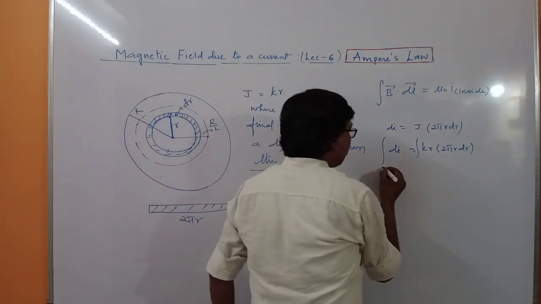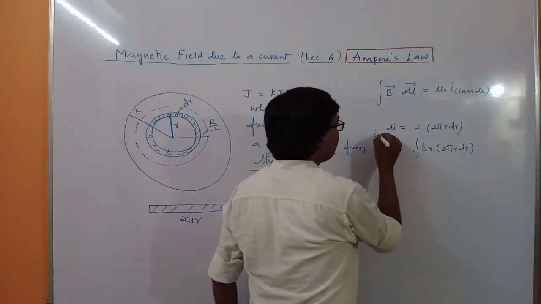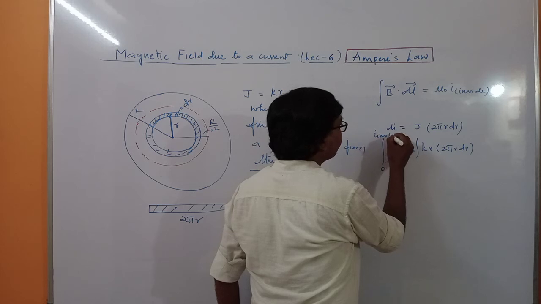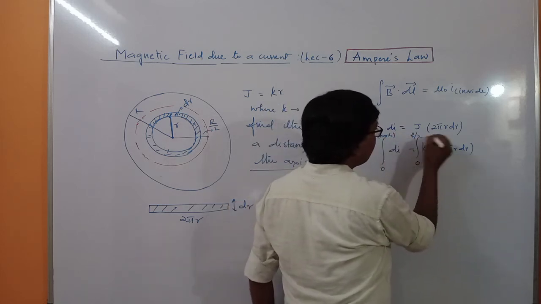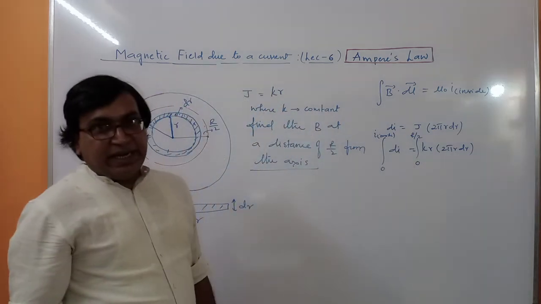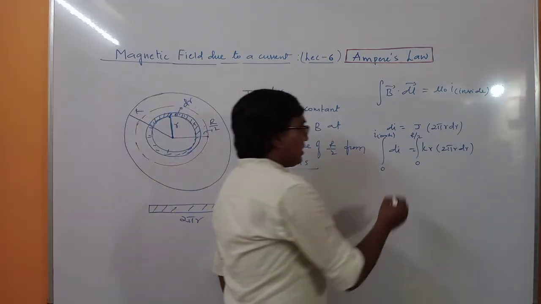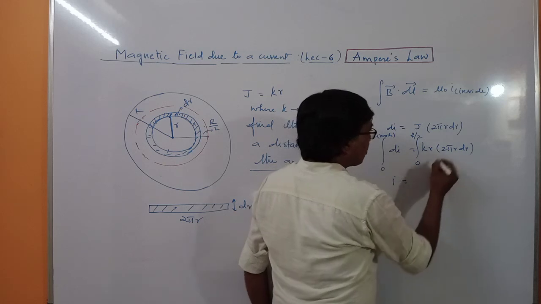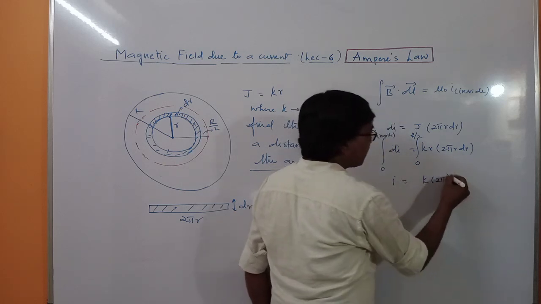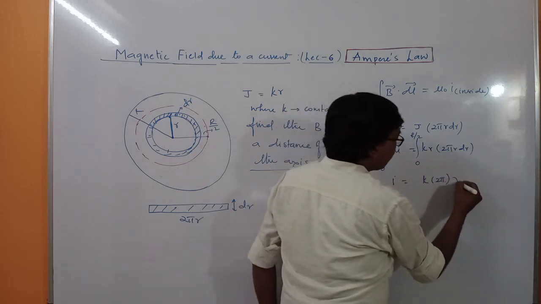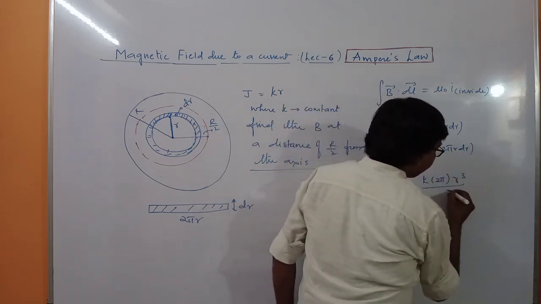Here we have current 0, and here the current that is inside. We'll add those currents. So I equals k 2 pi constants, r squared dr, giving r cubed by 3.